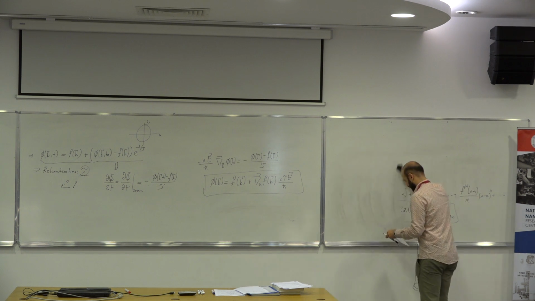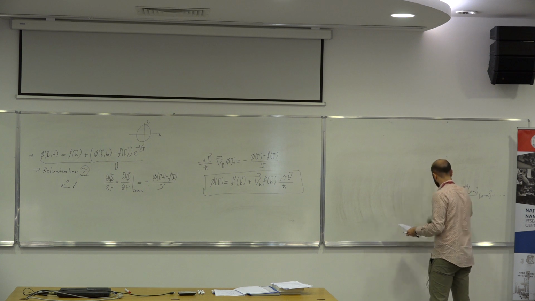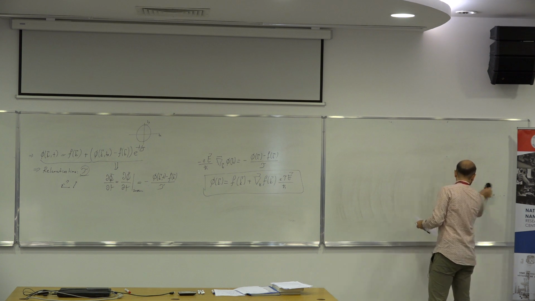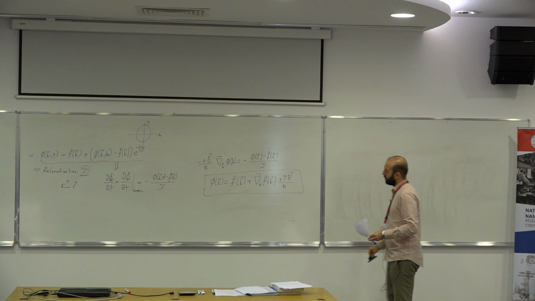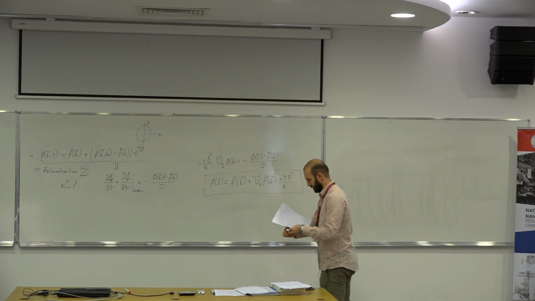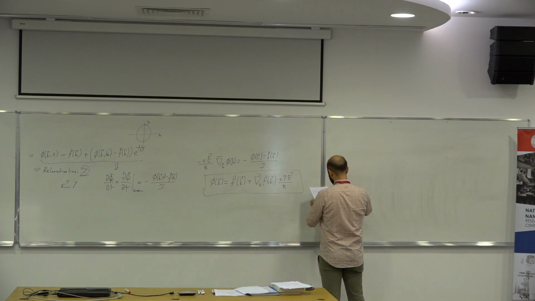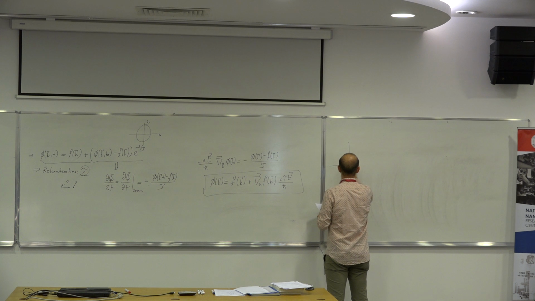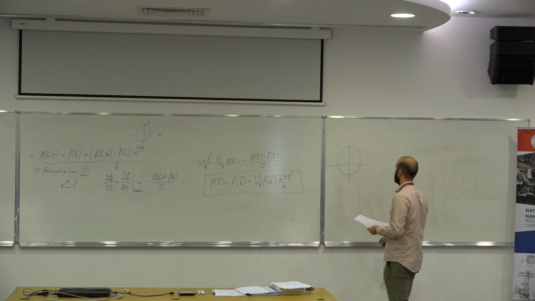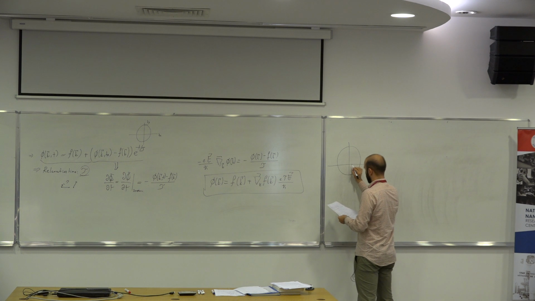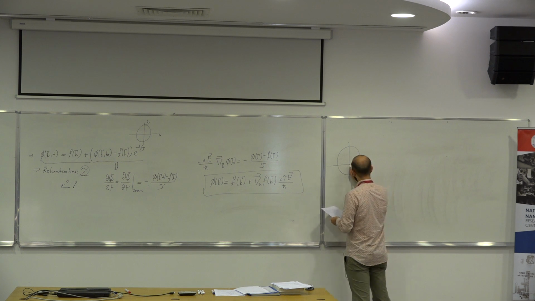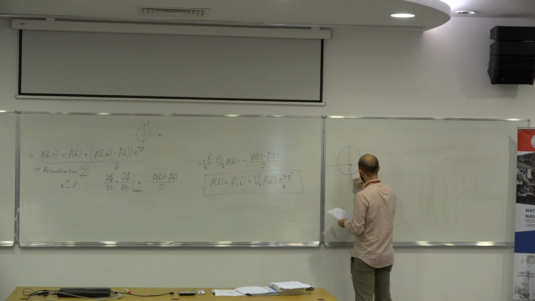Now, if we assume that we have only a very small displacement in the Fermi sphere, so I'm considering again my free electron gas, and I'll only look at a tiny displacement. I mean, it can be any direction, by the way.